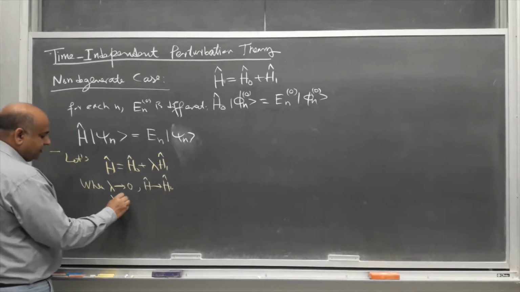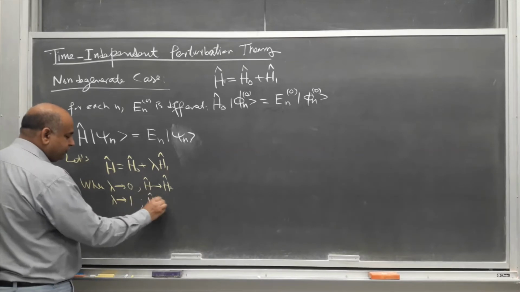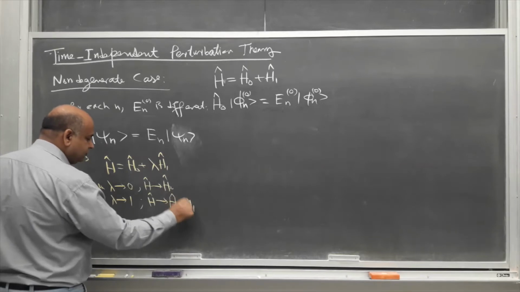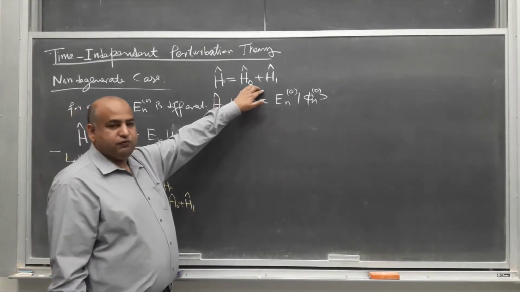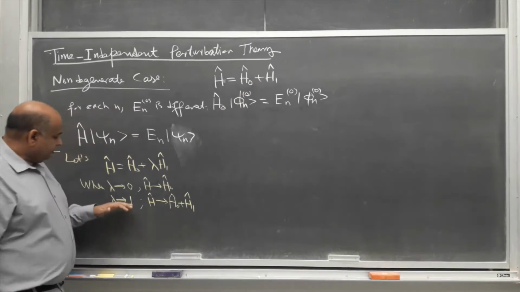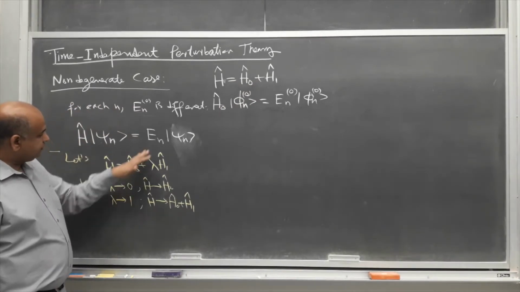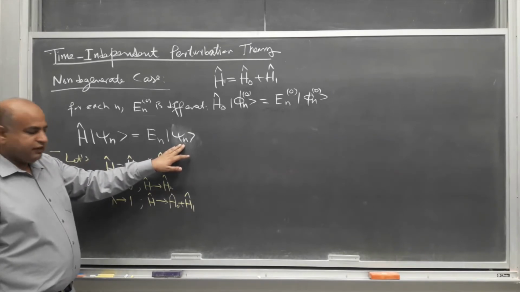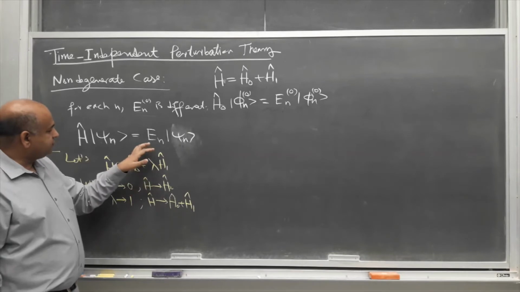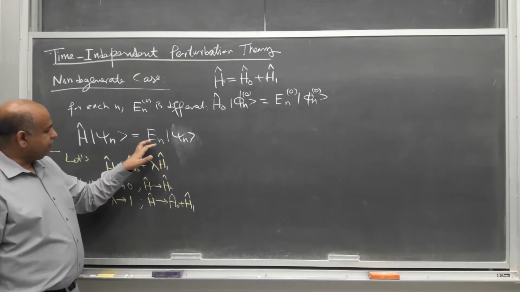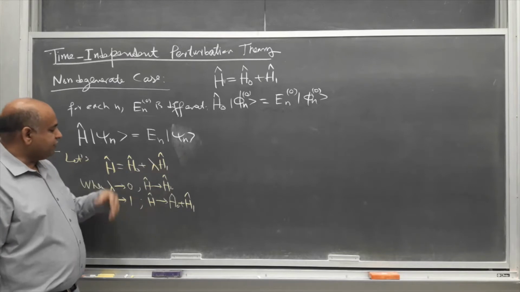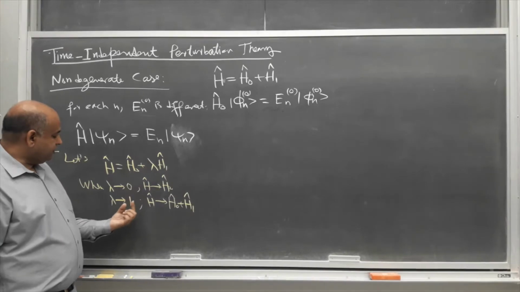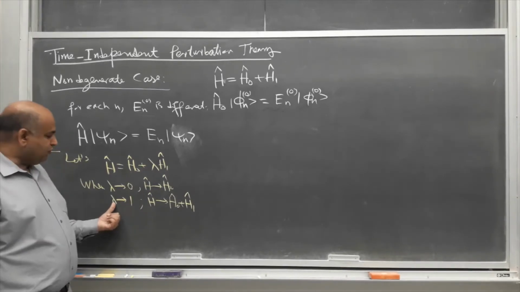When lambda approaches 1, our Hamiltonian approaches the actual Hamiltonian for which we want to find this solution. And since we are going to write these energies and these wave functions as a power series in lambda, this would mean that the more terms we know in the power series of En and psi n, the better is our knowledge, because more terms mean that we can approximate for a higher and higher value of lambda.